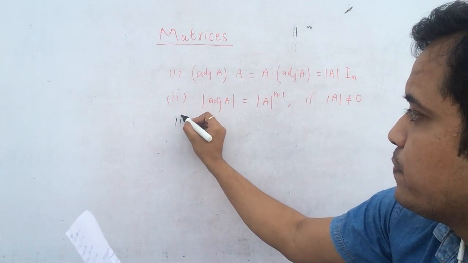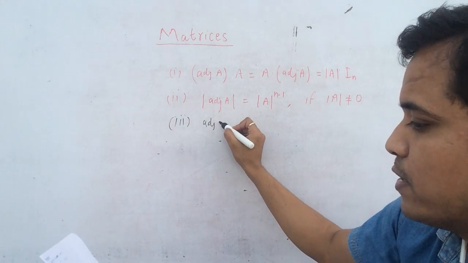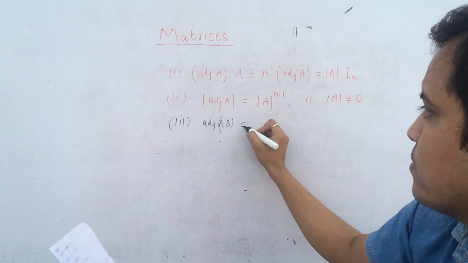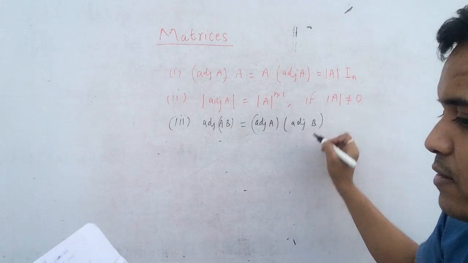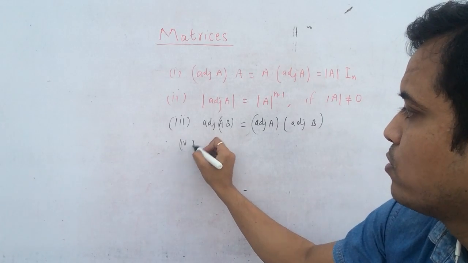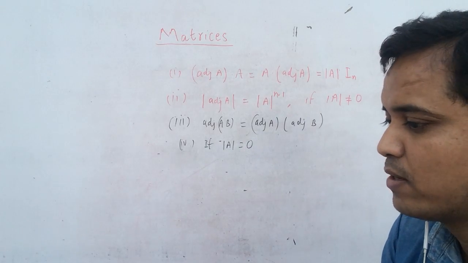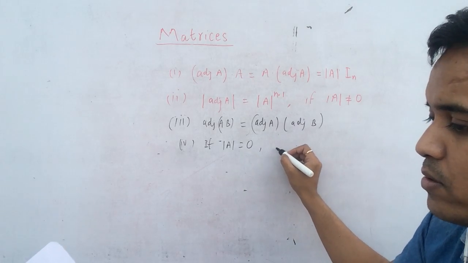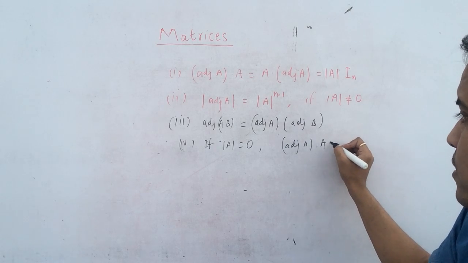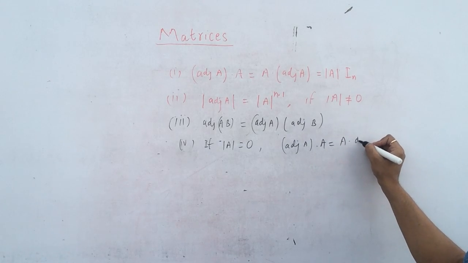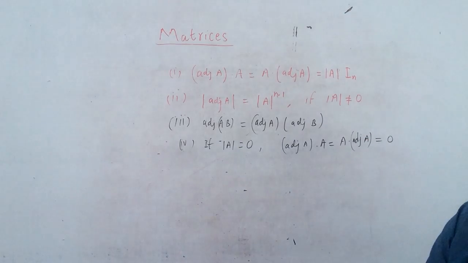And third is adjoint of AB; you can distribute it as adjoint of B and adjoint of A. Fourth, suppose determinant of A is 0, so this is a singular matrix, then adjoint of A into A and adjoint of A into adjoint of A will be equal to 0.